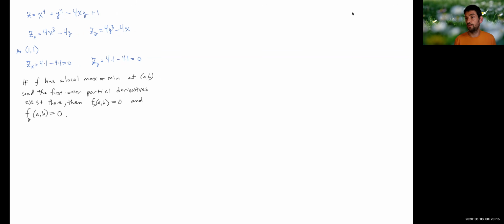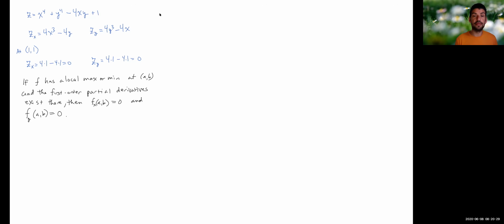So, well, let's say a couple things. First of all, we call points with both of these derivatives equal to 0 critical points, similar to critical points in single variable calculus, right? We say points where the derivative is 0 are critical points, as well as points where in single variable calculus the derivative doesn't exist. We call those critical points.